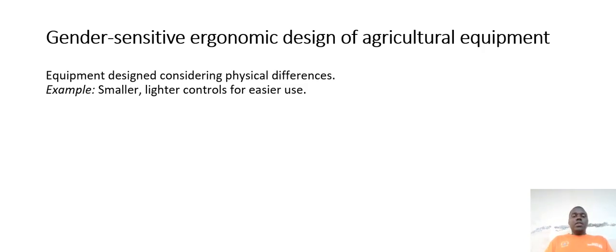Example, there is a person who is very small, and there is a person who is very big. We have the difference between persons, so we need to design equipment that is appropriate to the person.